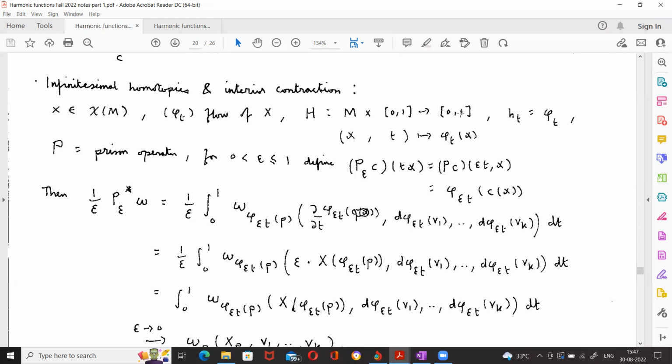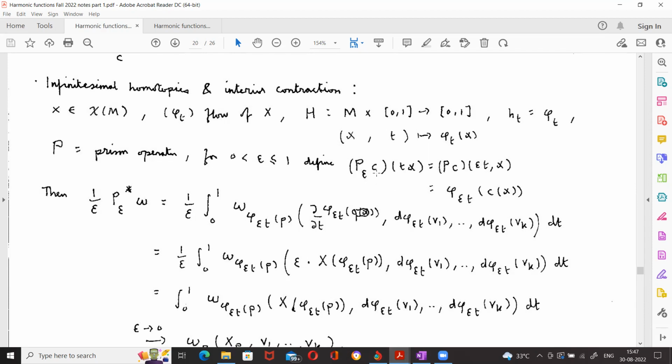This should be M here. What is the homotopy? It's x comma t goes to phi t of x. The flow gives me a homotopy; my maps ht are just the flow maps phi t. Then I have an associated prism operator p. Now for epsilon between 0 and 1, I define p epsilon c of t comma x to be pc of epsilon t comma x. So what is this? This is going to be phi sub epsilon t of cx.